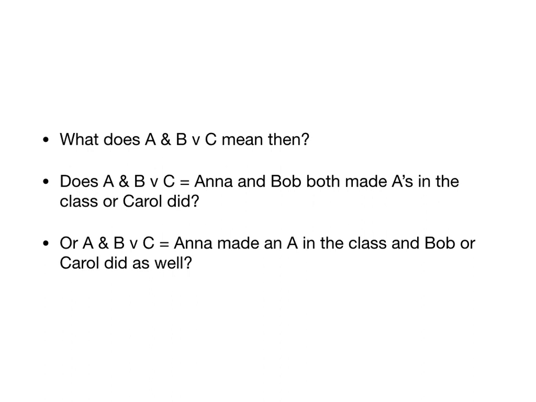Does it mean Anna and Bob both made A's, or Carol did? In that case, the sentence is true if either Carol made an A or Bob and Anna both did. Or does it mean Anna made an A and either Bob or Carol did as well? These sentences mean different things.